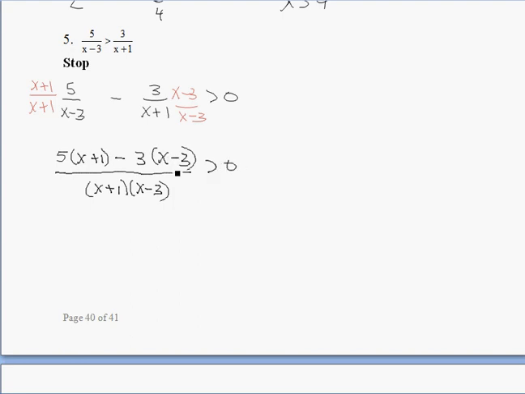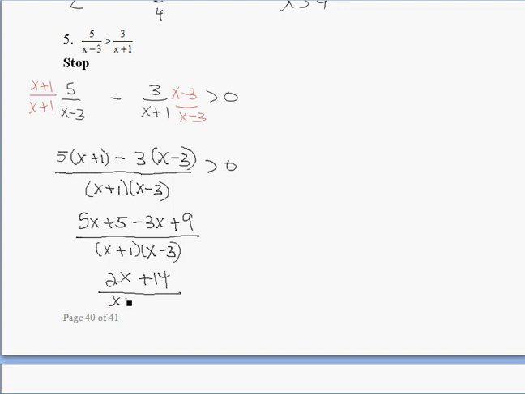So now I distribute, so I get 5x plus 5 minus 3x plus 9 all over x plus 1, x minus 3, 2x plus 14 all over x plus 1, x minus 3. So this is greater than 0.